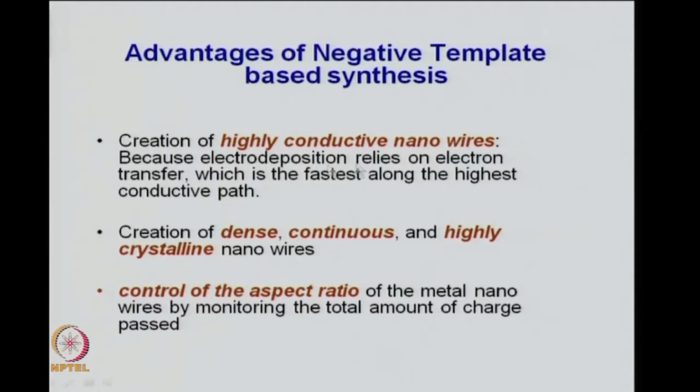So, the highest conductive path is the path through which the electron will transfer, and so the deposition will happen along those directions, and so you will get highly conducting nanowires.